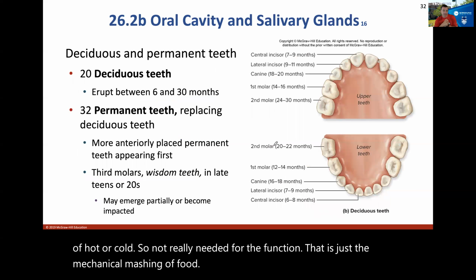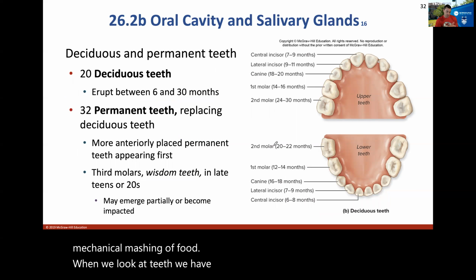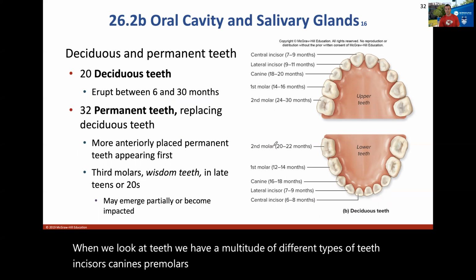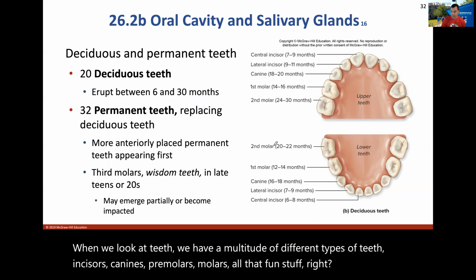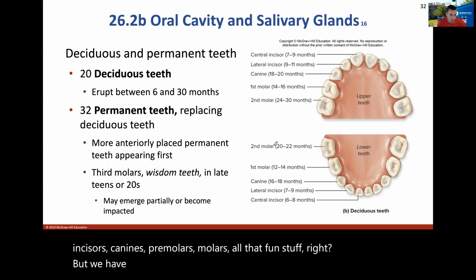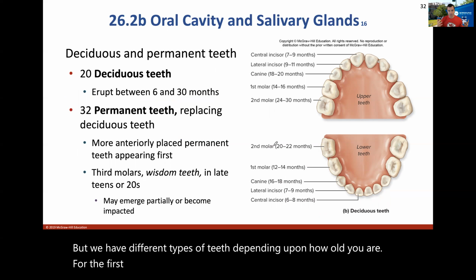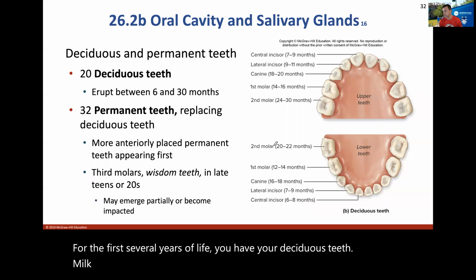When we look at teeth, we have a multitude of different types: incisors, canines, premolars, molars, all that fun stuff, right? But we have different types of teeth depending upon how old you are. For the first several years of life, you have your deciduous teeth, milk teeth, baby teeth, some other names for them you probably know.